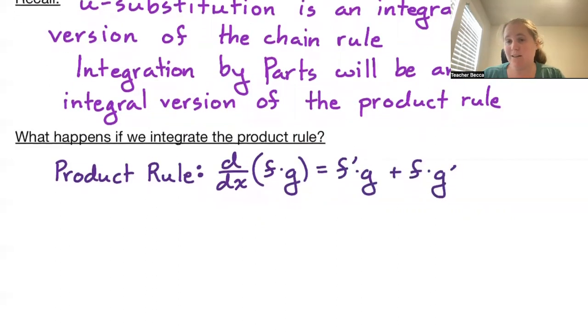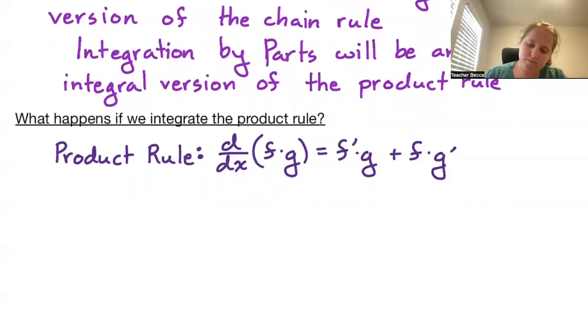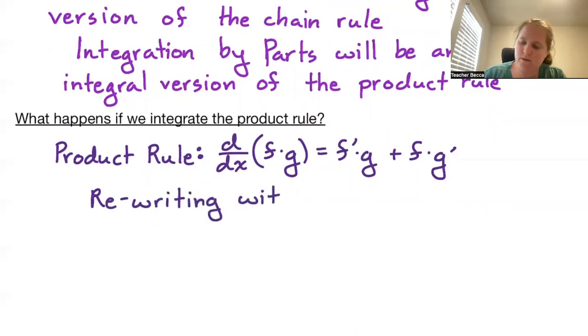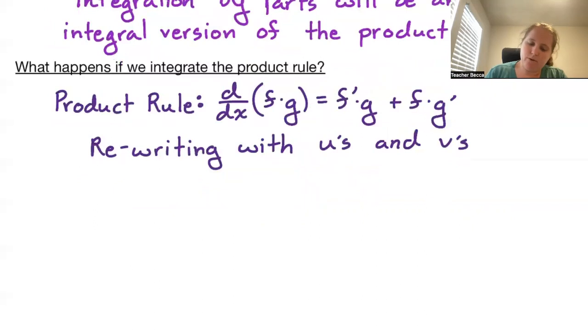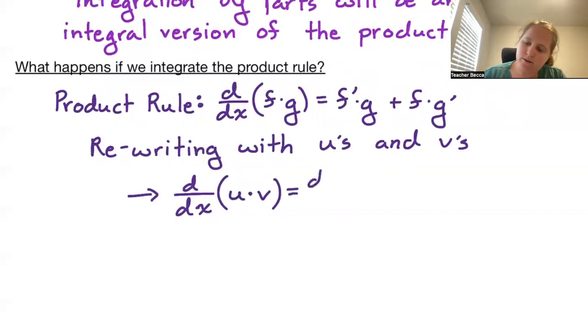We are going to rewrite this with u's and v's. So rewriting with u's and v's, we have the derivative of u times v is equal to du dx times v plus u times dv dx.